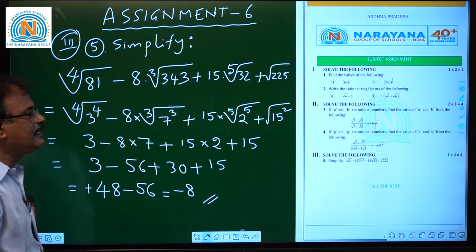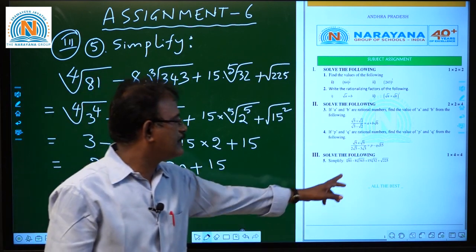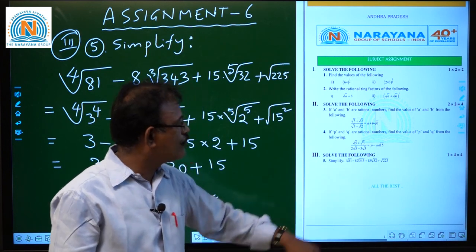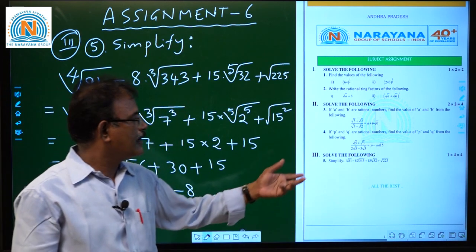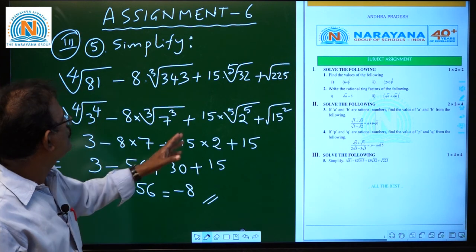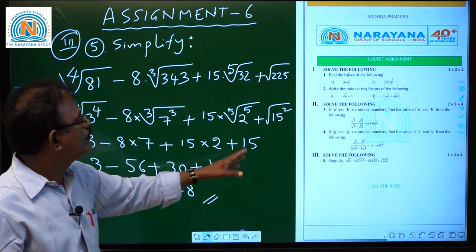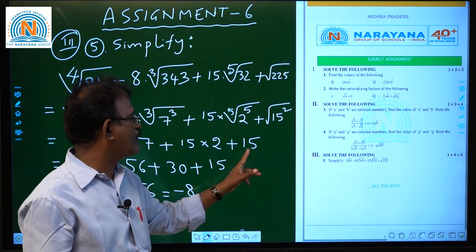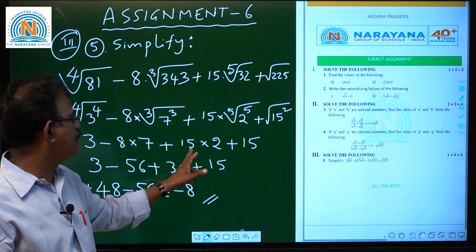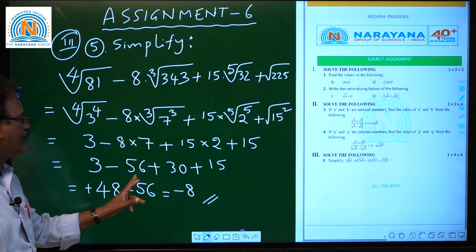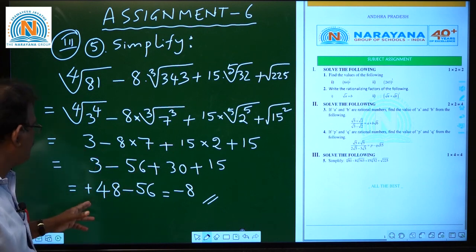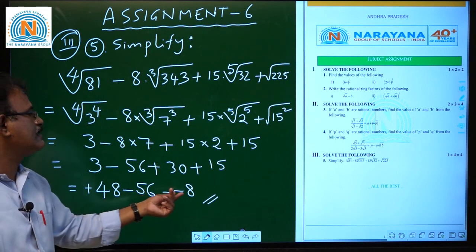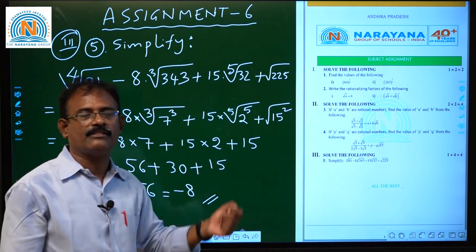So this is the result. 4th root 81 minus 8 into cube root 343 plus 15 into 5th root 32 plus √225. So √225 means 15. So 2 15s are 30 and 8 7s are 56 and this is 3. So 45 plus 3, 48 minus 56, this is minus 8. So this is the final answer, children.